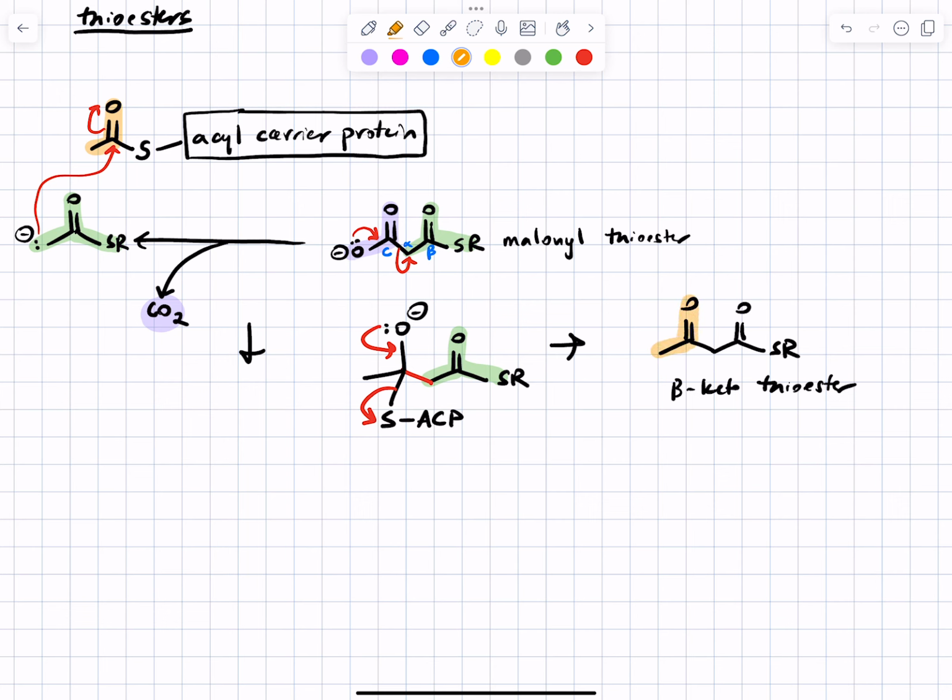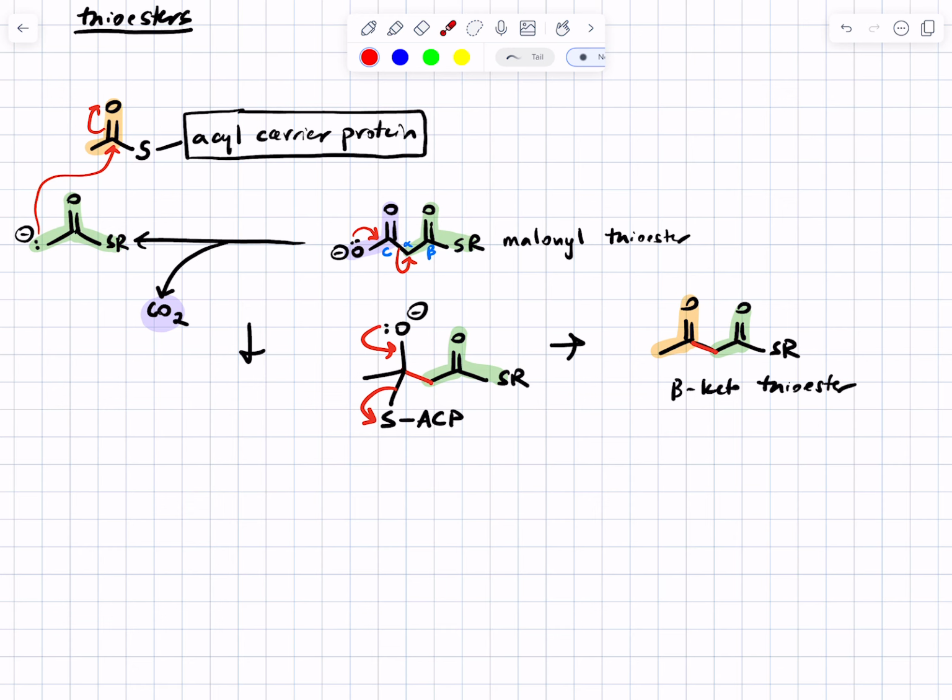And I'll highlight the subunits that we've sort of linked together. These two carbons and the oxygen come from the acetyl thioester that was on the acyl carrier protein. And these two carbons and the oxygen come from the malonyl thioester. Okay?